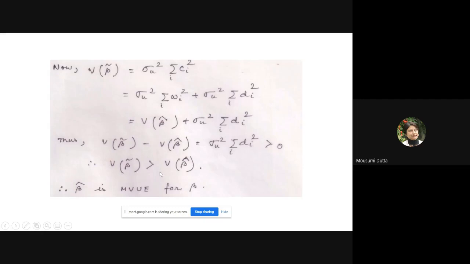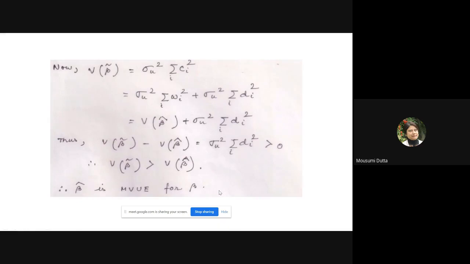So safely we can argue variance of beta tilde is greater than that of beta hat OLS. So we considered a very, very close estimator to OLS, very similar otherwise. However, we are finding that variance of beta tilde is greater than that of beta hat. So we can argue that beta hat OLS is the minimum variance unbiased estimator for beta.